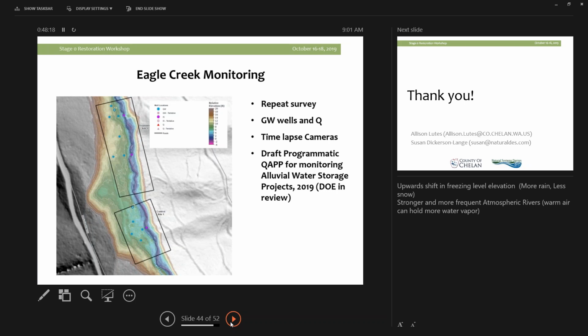We're also doing repeat surveys to monitor geomorphic change, and time-lapse cameras because they tell the story so well. And then the last thought on that is that we've been working with Ecology and CCNRD to put together a draft programmatic quality assurance project plan, a QAPP.